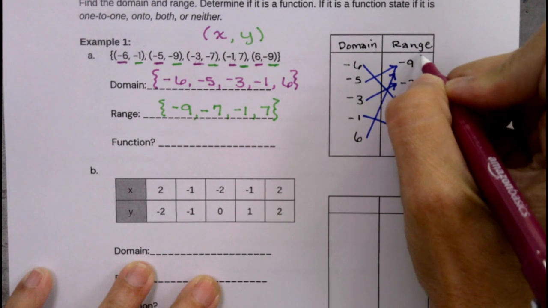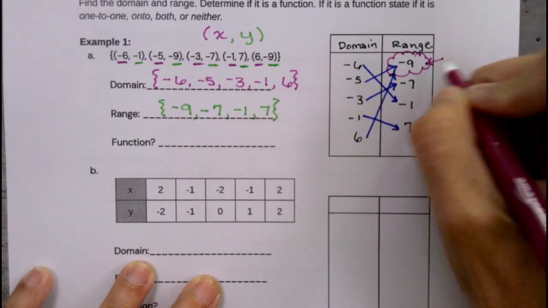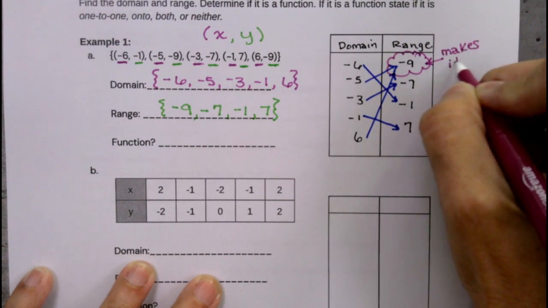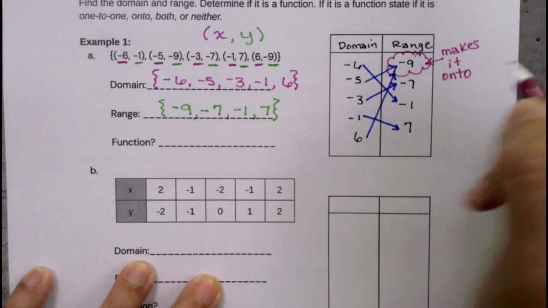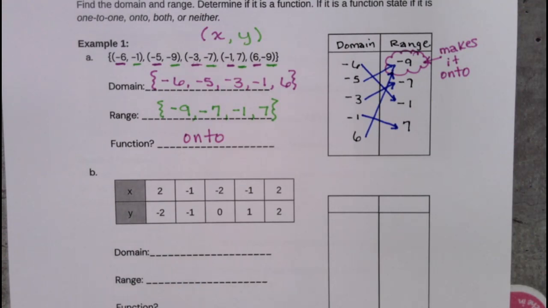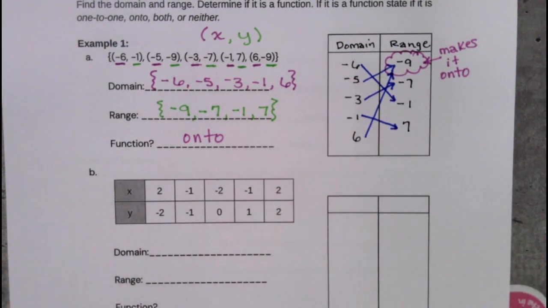Exactly. Two domains go to a single range. So this makes it onto, because of that -9, two values going to -9. On two functions can repeat the range. One-to-one cannot. One out, one in would be one-to-one.